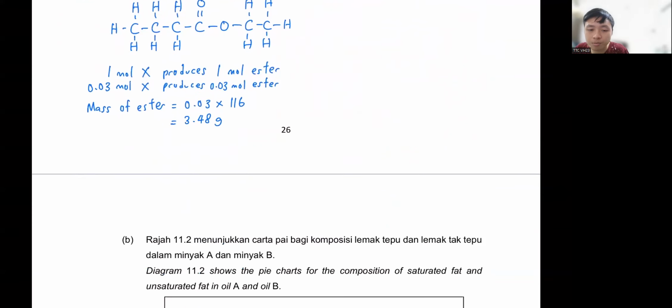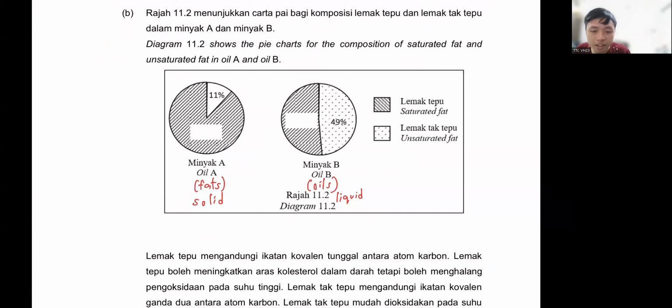Now for B, I will explain what happened. This one is oil A and oil B. Oil A contains mostly unsaturated fat. Oil B contains half saturated fat and half unsaturated fat.